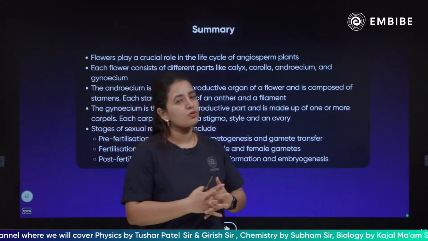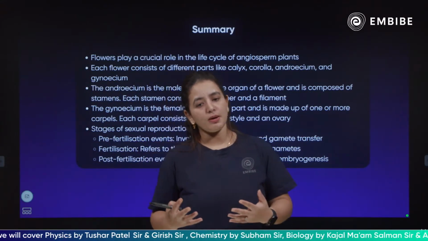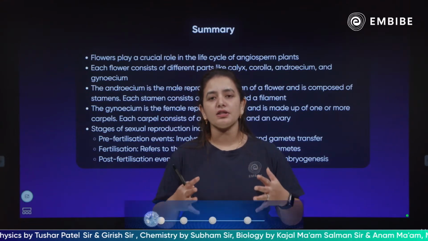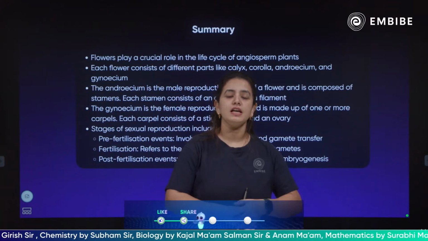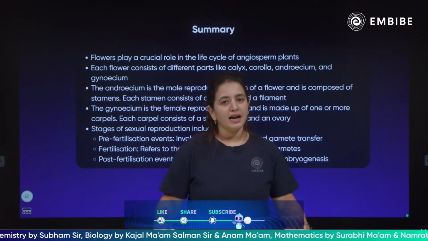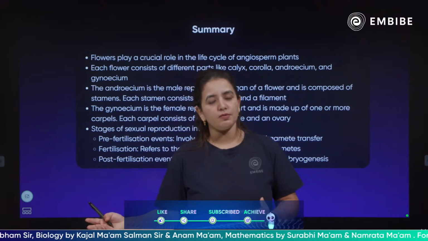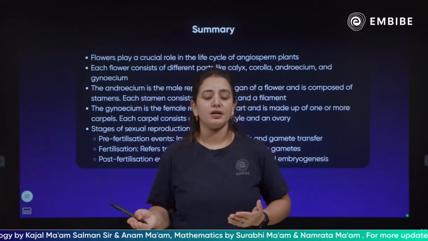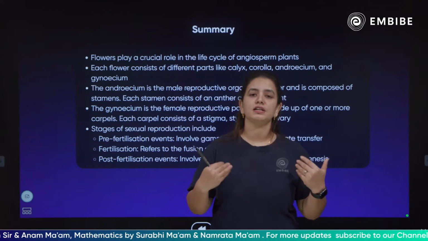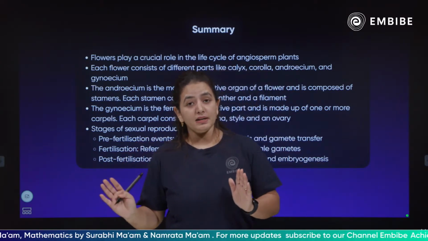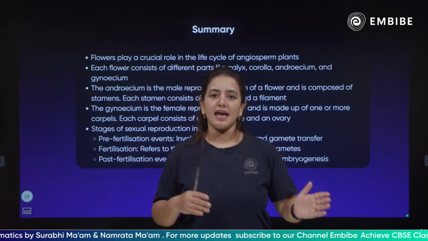Flowers are a very crucial part of the angiospermic plants. Flowers have both male and female reproductive organs, which are responsible for sexual reproduction. The androecium is the male reproductive organ and the gynoecium is the female reproductive organ. The androecium is divided into stamens, and the stamen is further divided into filament and, of course, the anther.